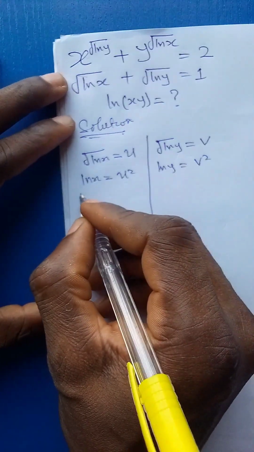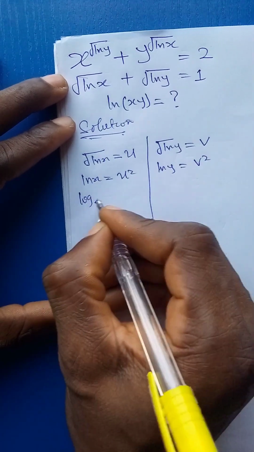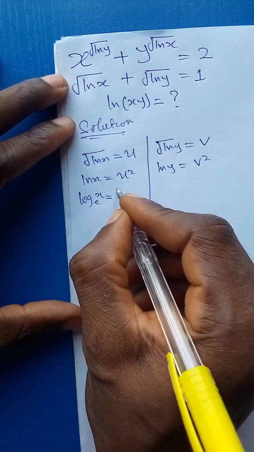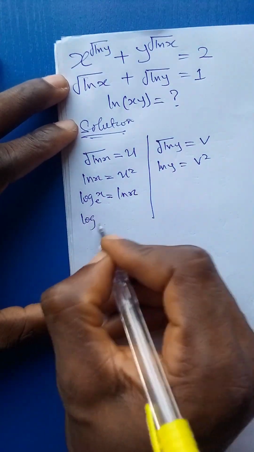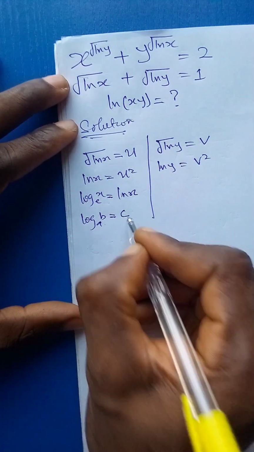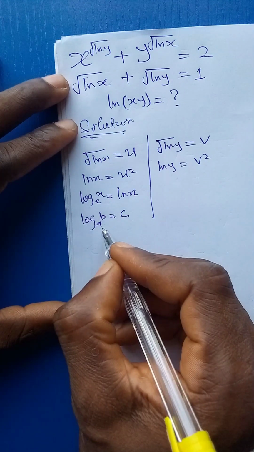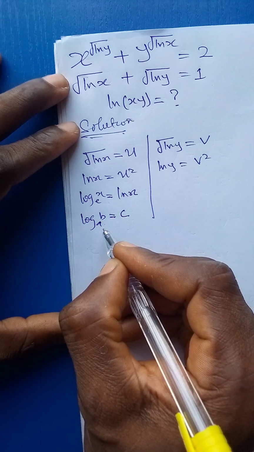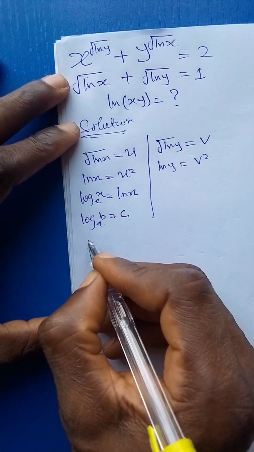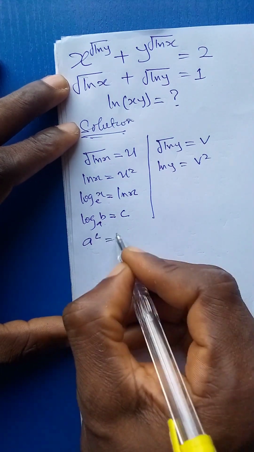Now, let us remember that log to base e of x is the same as ln x. Then, log to base a of b is equal to c. For example, this is a logarithmic expression. I can convert it to an exponential or index equation. That becomes a to power c is equal to b.